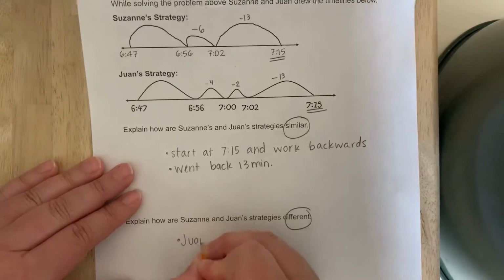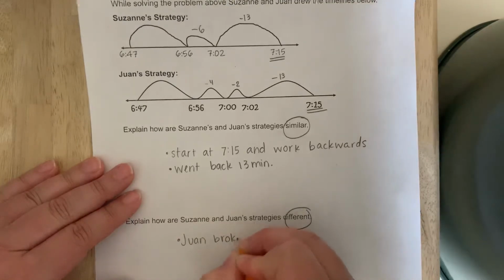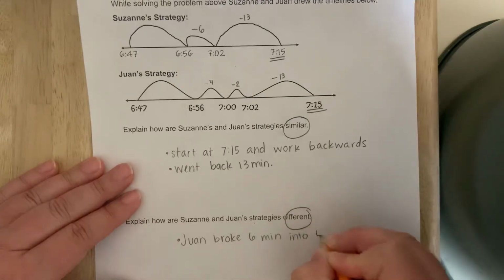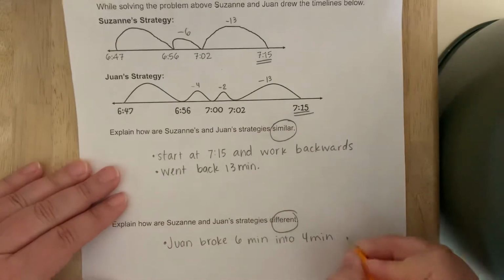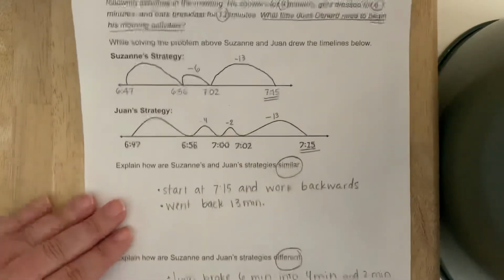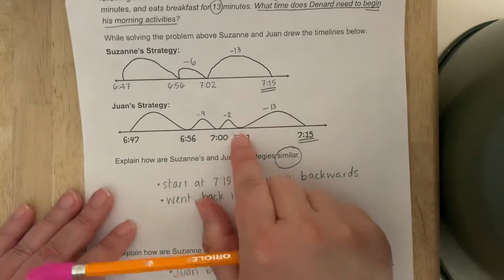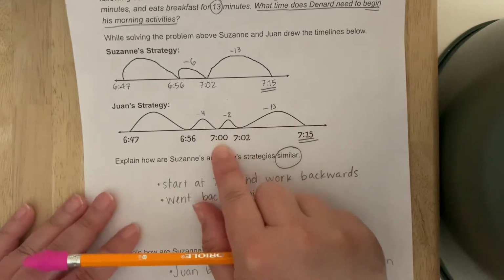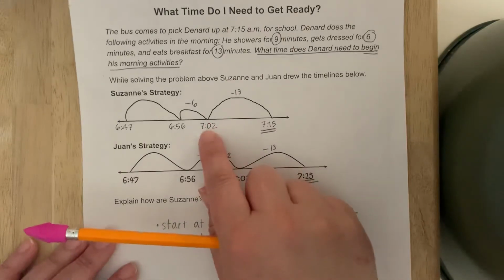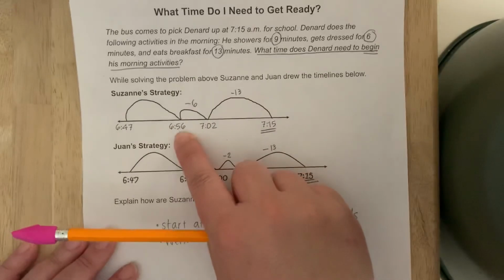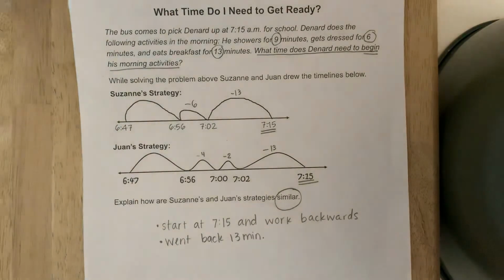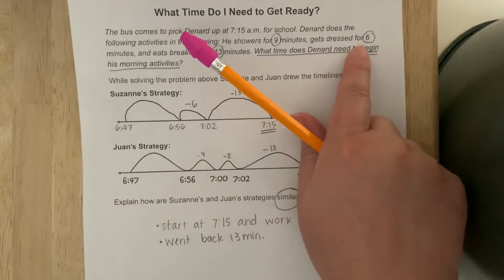Juan broke 6 minutes into 4 minutes and 2 minutes. I think the reason that Juan did that is because he wanted to get to an even 7 o'clock before he went backwards 4. Whereas Suzanne just counted backwards from 7:02 to 6:56. Those are both ways that you can solve this problem, and that is how long it took him to get dressed.